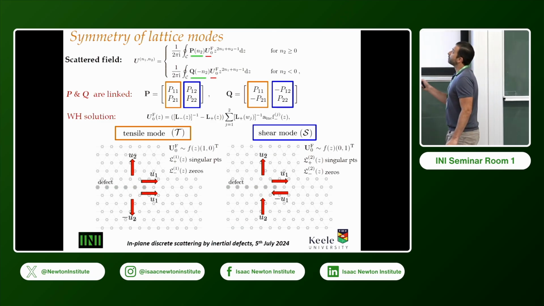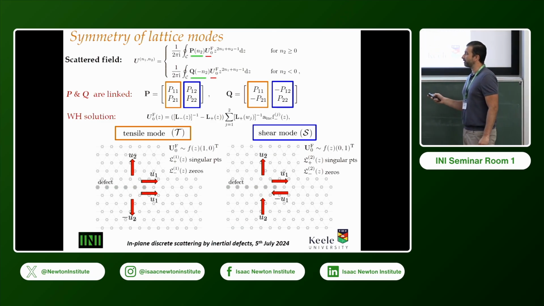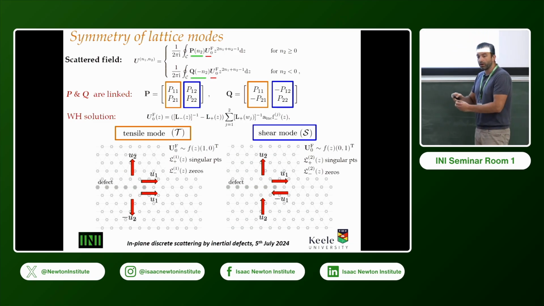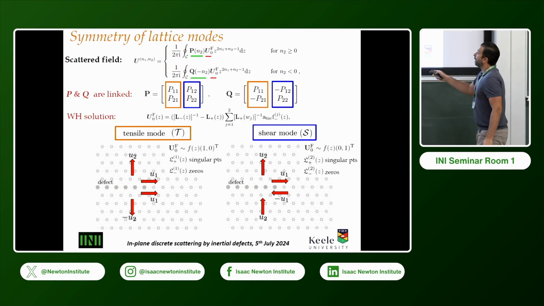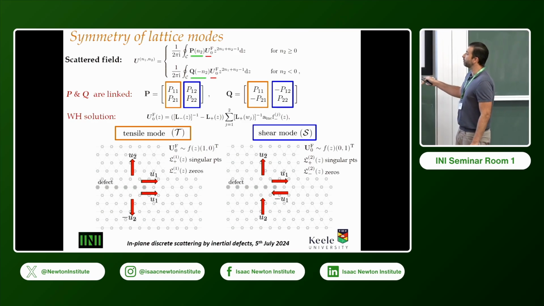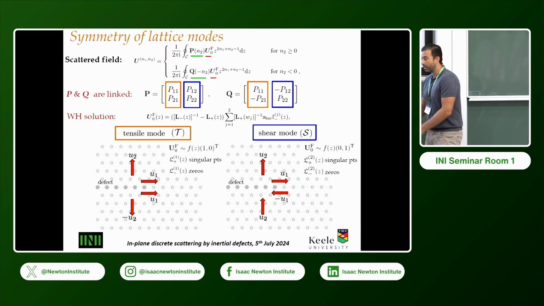It means, if you look at the top formula, that U1, the horizontal displacements of the masses, are even functions with respect to the line of the defect, and U2 are odd functions. In the other scenario, where you have (0, 1), you have the opposite: U1 is now an odd function with respect to the line of the defect, and U2 is an even function.